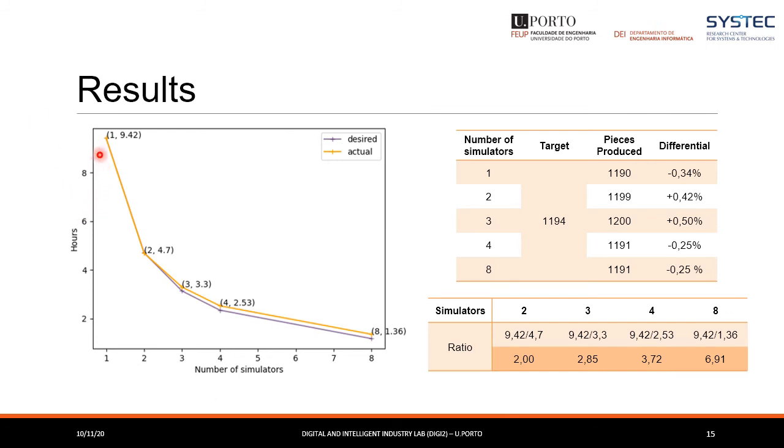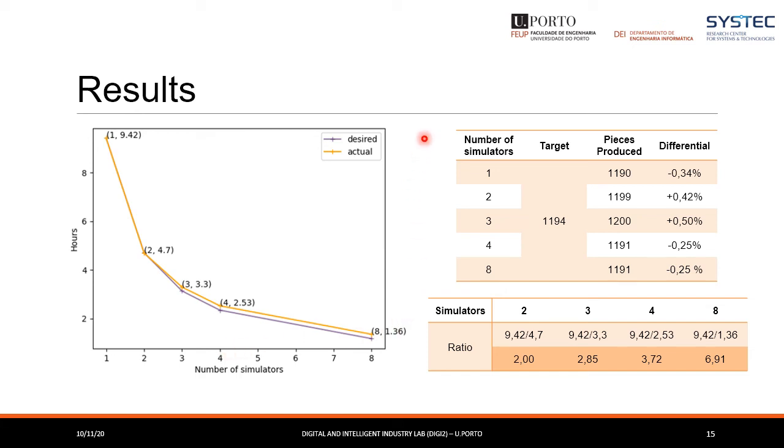So we started with 1 simulator, then 2, 3, 4, and 8. As you can see, when we add the second simulator, the processing time decreases by half. However, when we add, for example, the third simulator, it doesn't decrease three times. As you notice in this table, as we increase the number of simulators, the actual value deviates more from the theoretical value, because as we add simulators, we are also increasing the number of communications between the different components.